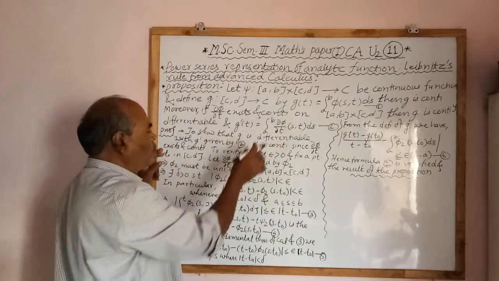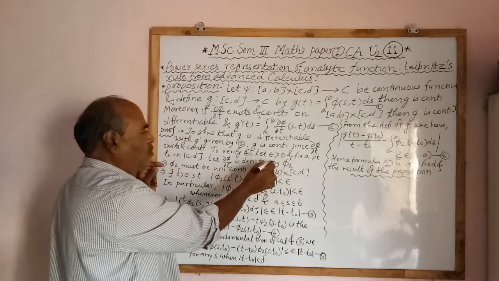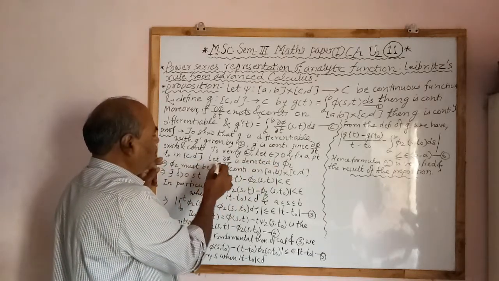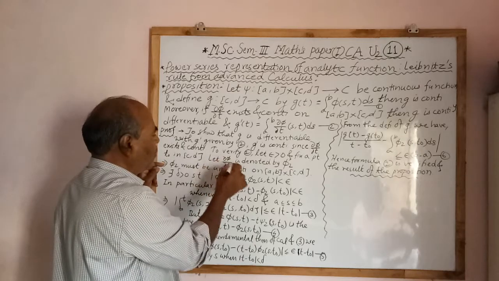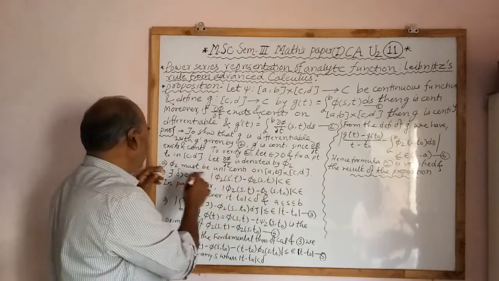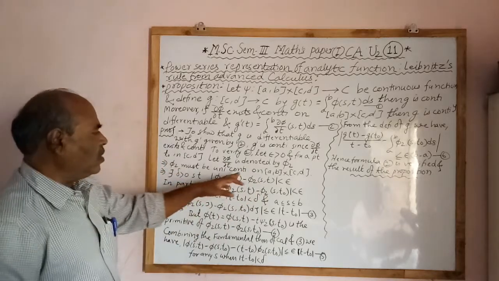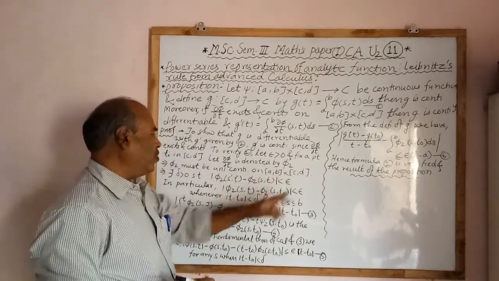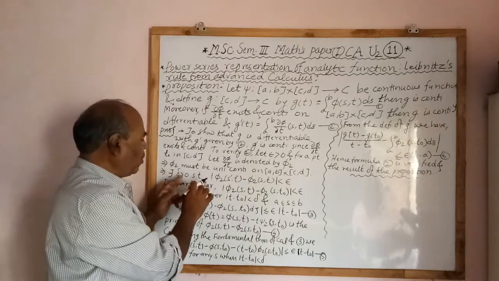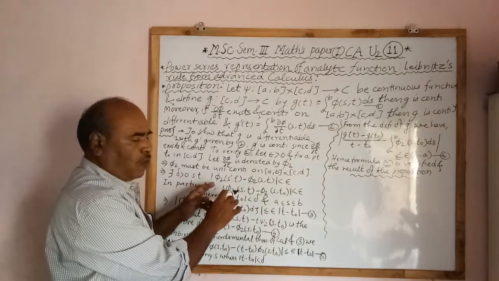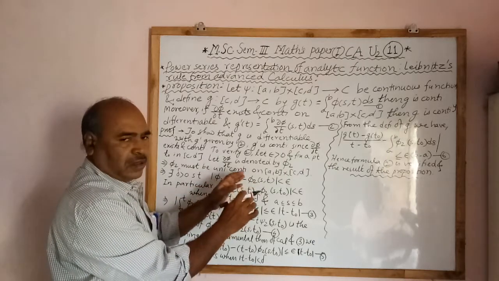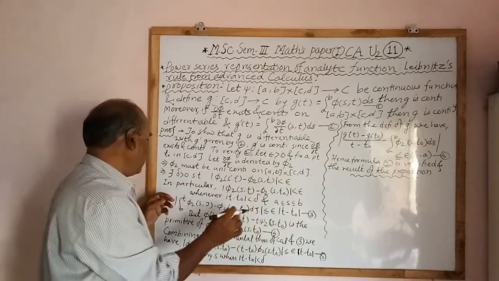Let epsilon be greater than 0 and fix a point t0 in the interval [c,d]. Let del phi by del t be denoted by phi 2, and phi 2 must be uniformly continuous on [a,b] cross [c,d]. This implies there exists a delta which is positive such that mod of phi 2 of (s',t') minus phi 2 of (s,t) is less than epsilon.